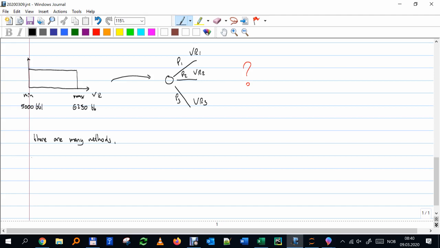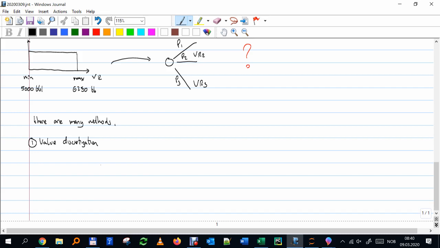One of them is value discretization, in which the first step is I define, in a way arbitrarily, values of the variable.